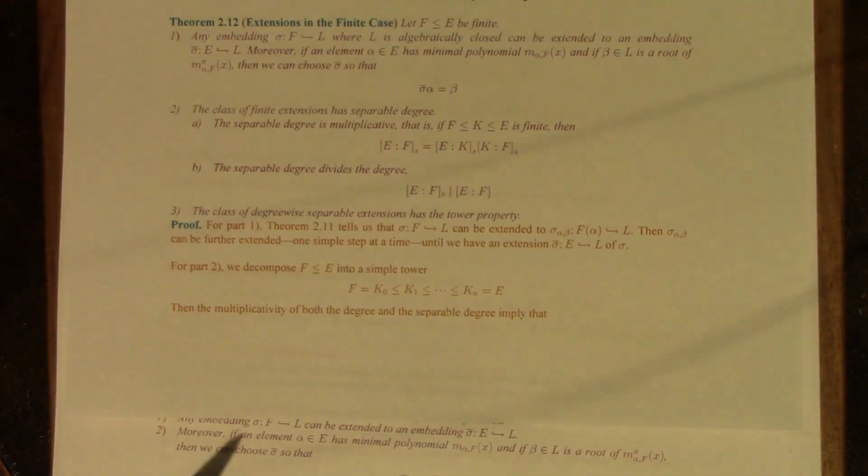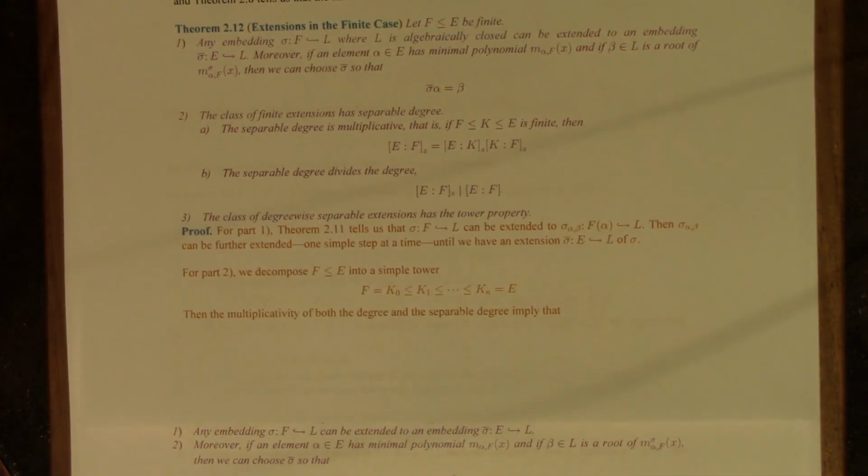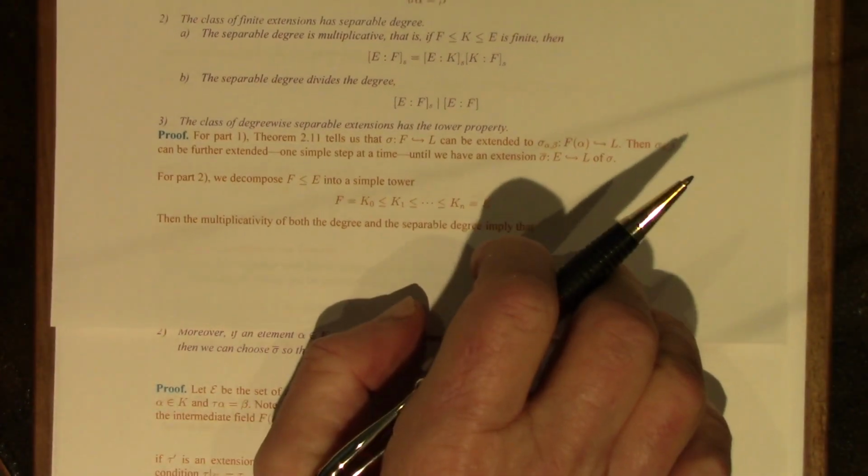I didn't go into that. It'd be a little tedious to write it all down, and we don't need it. But each time you do an extension through the domain that's a simple extension, you can specify some information about what goes to what.